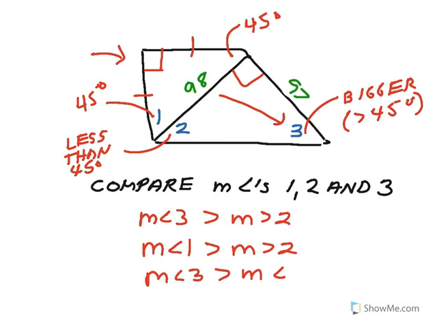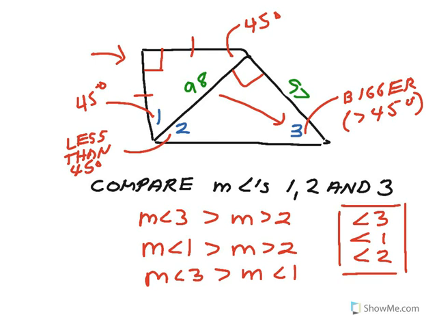So if I put these all in order, angle 3 is greater than angle 2, but angle 1 is greater than angle 2, and angle 1 isn't as big as angle 3. So from biggest to smallest, it would go angle 3, angle 1, angle 2.